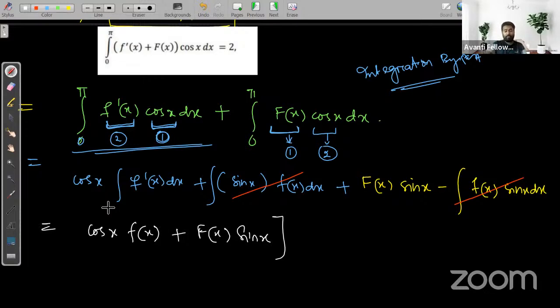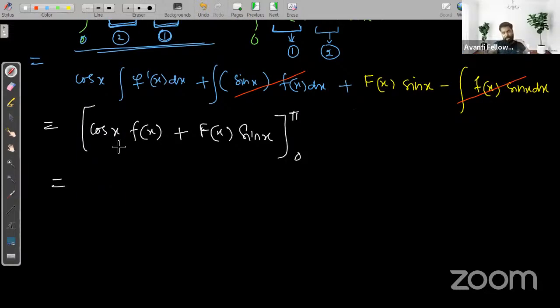Finally, what should you do? You must use the limit 0 to pi. If you use the limit here, what are you getting? Let's put the limit. So cos of pi is -1, cos of pi is -1, f of pi, plus capital F of pi into sin of pi, which is 0.